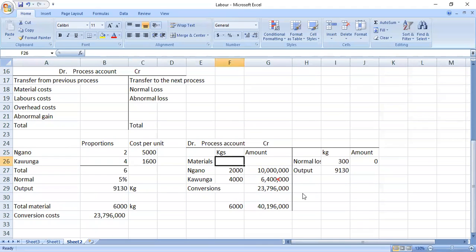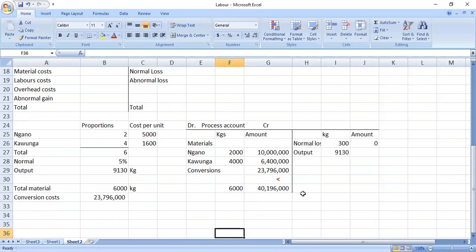Okay, so guys, this is how you go about it. Now, how do we determine whether there was any abnormal loss or gain? We need to balance the units. As you can see, this side we have 300, this side you have 9,130.